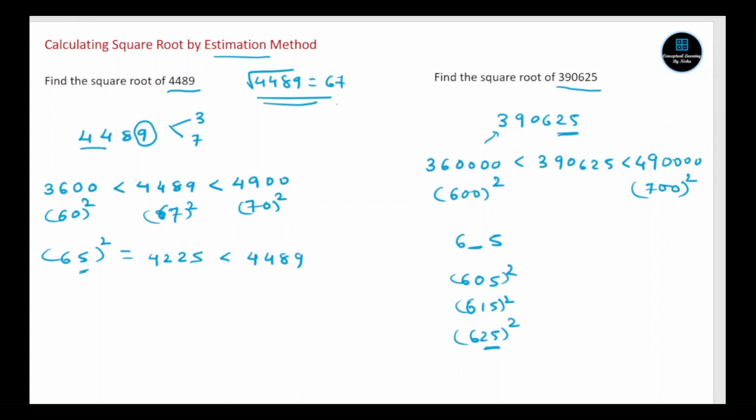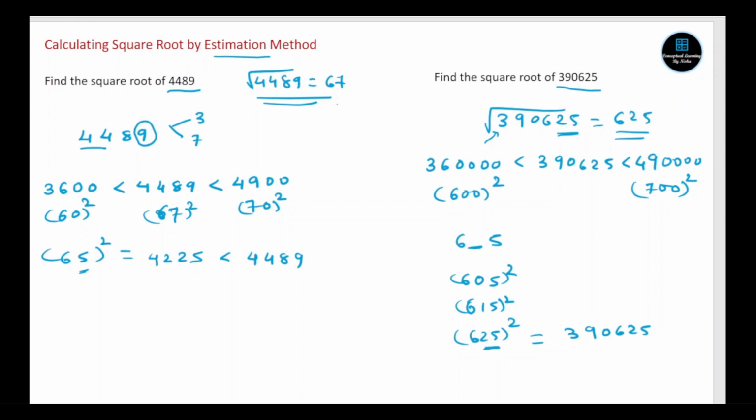So I'll just try with this, and I know that the square of this number is 390625. If you calculate, you will get this. Okay. So the square root of this number is nothing but 625. This is how we can estimate this. This method is really helpful in competitive exams when you are in a rush and you have to find the square root of a number very quickly.